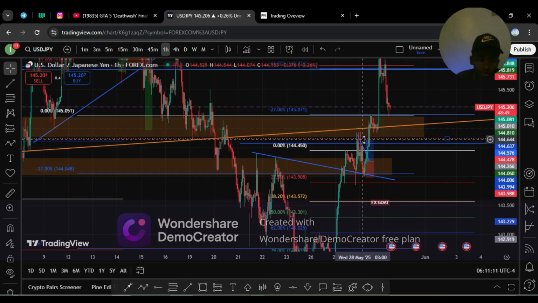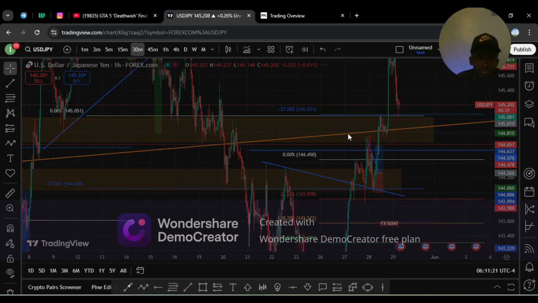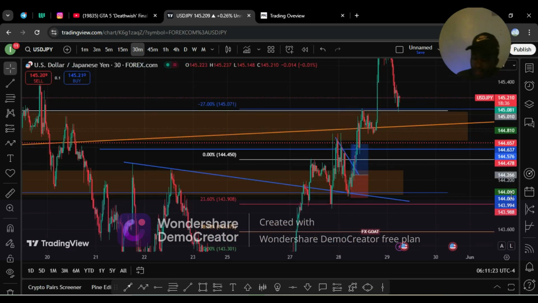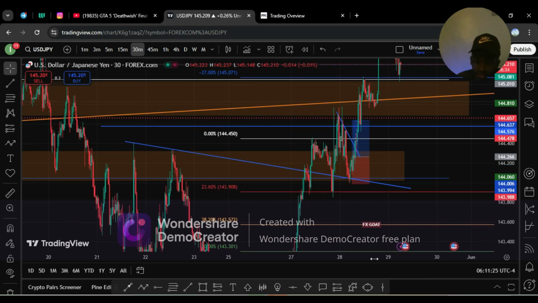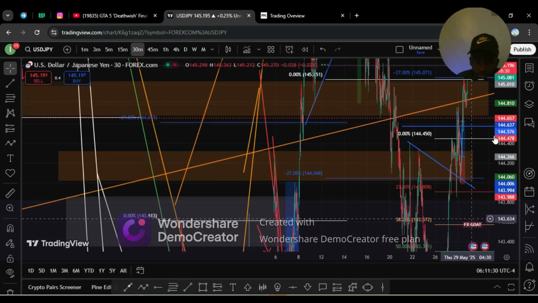So now around this time, this was my second confirmation of those buys. Once price retraced and retested back the trend line, I went back on my minor structure, and I started looking at price from a point of view.